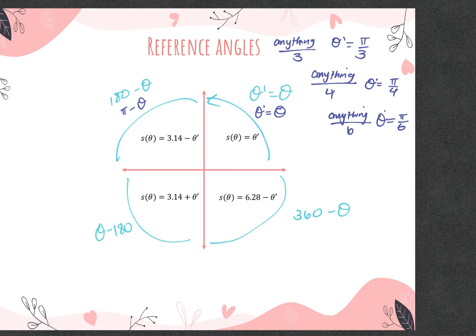So if I got 3 pi over 5, it's bigger than a half but smaller than 1, right? Because 3 is bigger than half of 5 but smaller than 5. So I would find the reference angle by doing pi minus 3 pi over 5, 5 pi over 5 minus 3 pi over 5, and I'd get 2 pi over 5.